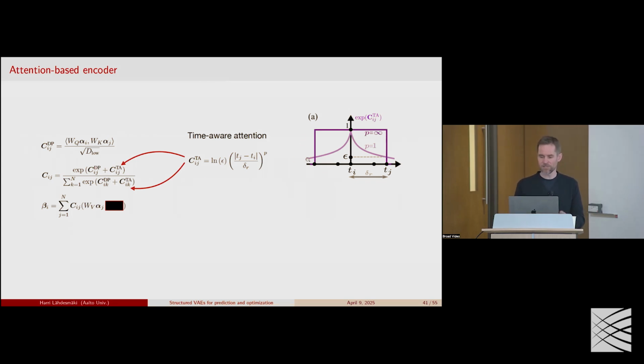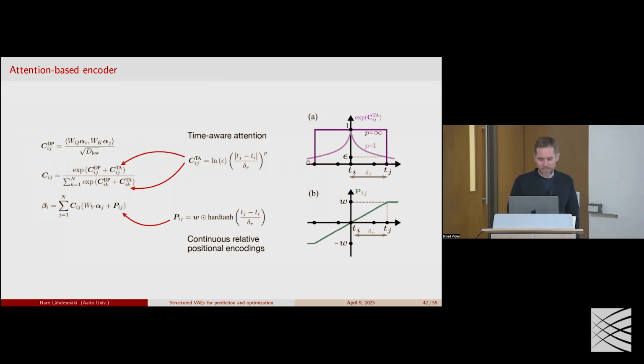So that allows us to have the attention model not grow arbitrarily large while the length of the trajectory increases. We have also replaced the standard positional encodings with continuous relative positional encodings, so that the encoding of the position is now positioned at the time point that we are interested in modeling.